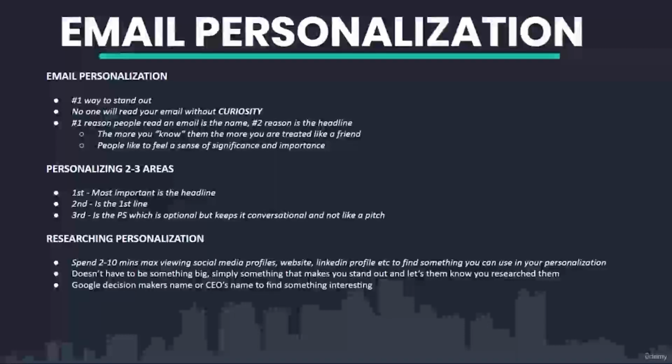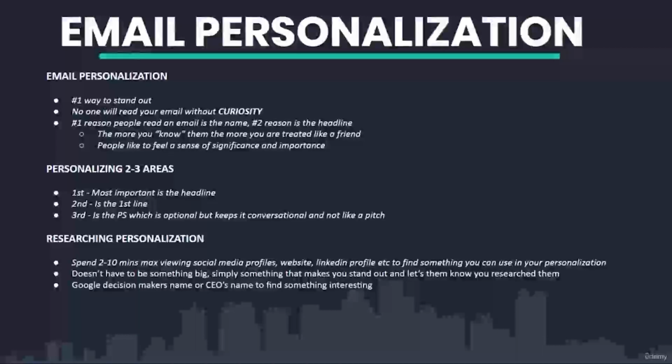So, researching personalization. What I recommend is that for every email you're going to send with personalization, you spend 2 to 10 minutes max viewing their social media profiles and website, literally typing into Google news or information on XYZ company or XYZ industry, and going to their LinkedIn profile, right? Find something that you can use as a personalization.